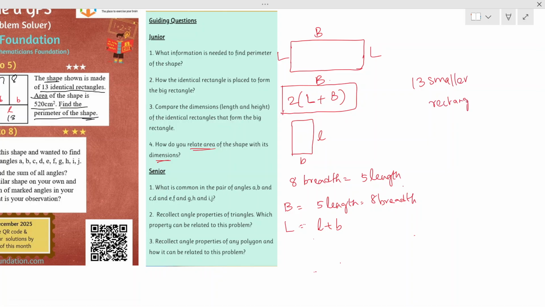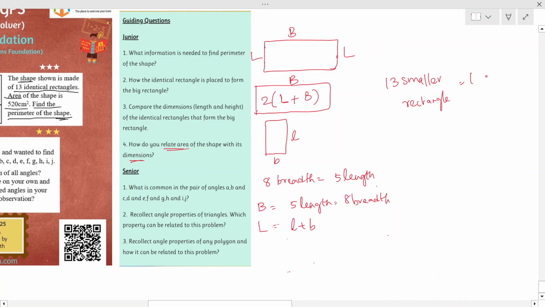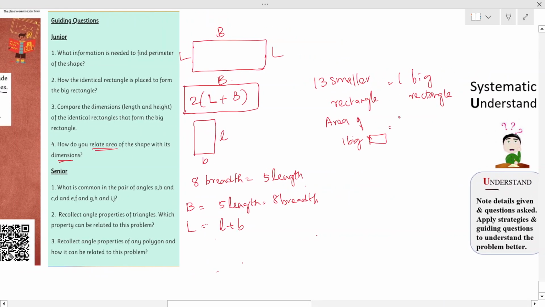So the area of the entire shape, the area of one big rectangle, is equal to the area of the 13 smaller rectangles.